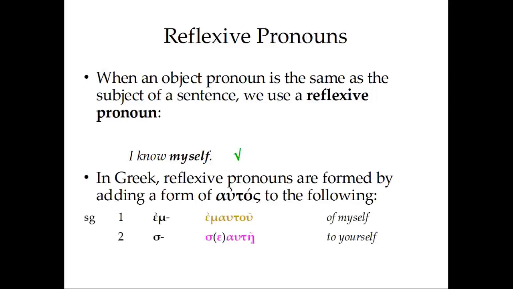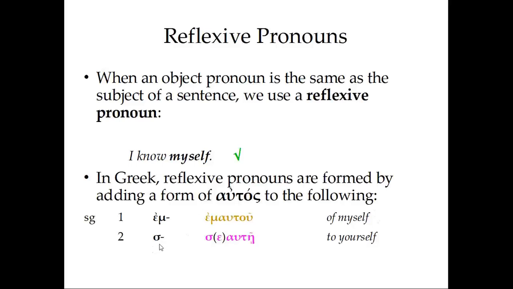So first person singular, we add our proper form of autos to this little prefix m, which we've actually seen in the different forms of ego. So for instance, emautou, this is genitive masculine singular. So if you were male, then you might use this word in reference to yourself. This means something like "of myself."